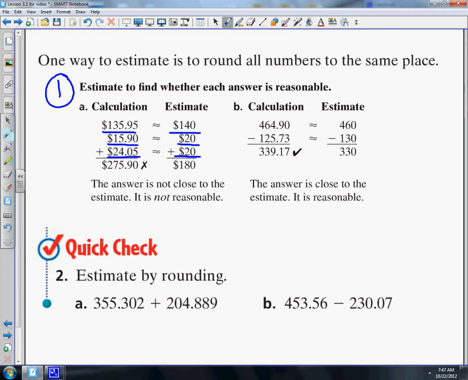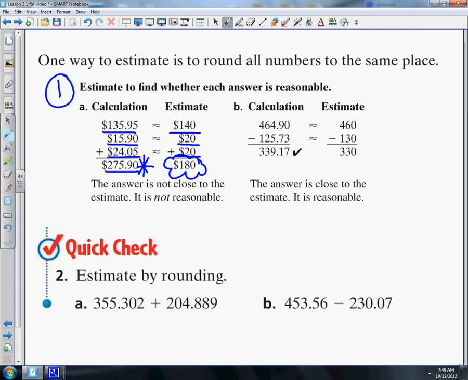So when I add that up in my head, it should come to about $180. If the person at the cash register rings me up and says that's $275.90, that is a huge red flag, so I would know that is not right. You rang something up wrong. So many people don't do this mental math in their head, and they lose money all the time at the cash register.